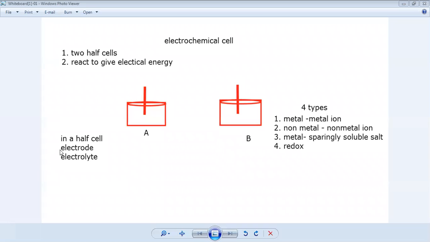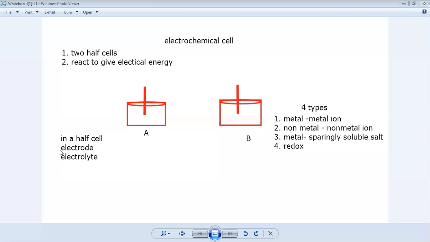Then we have discussed that there are four different types of half cells, or half electrodes we say. So which are they? I have already mentioned over here. What are these four different kinds of electrodes?